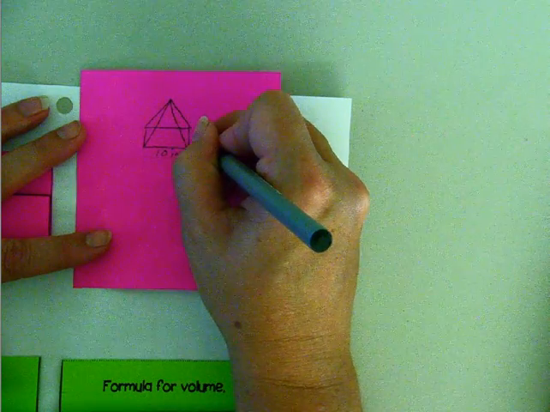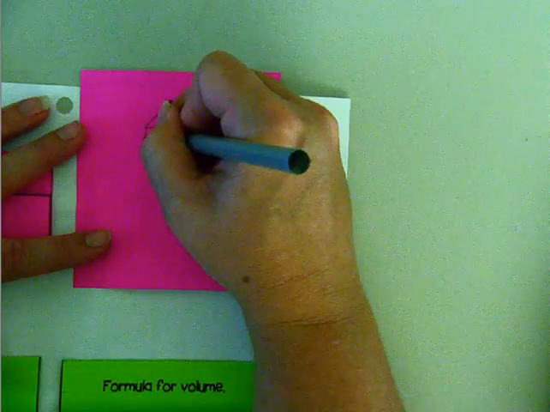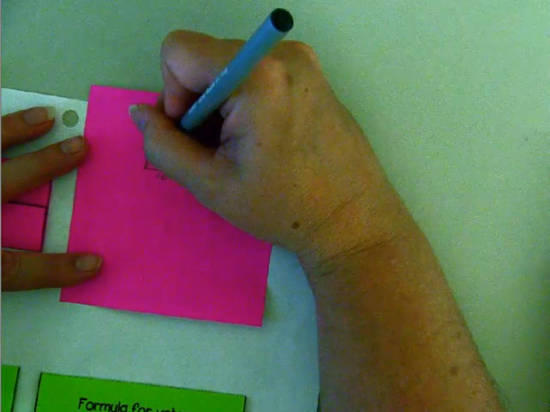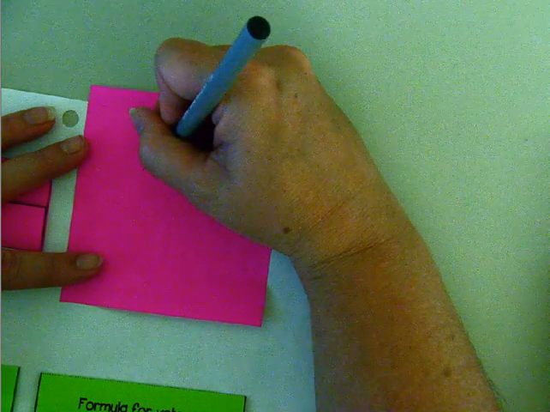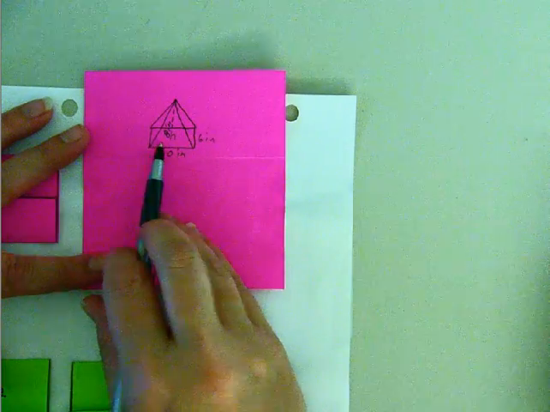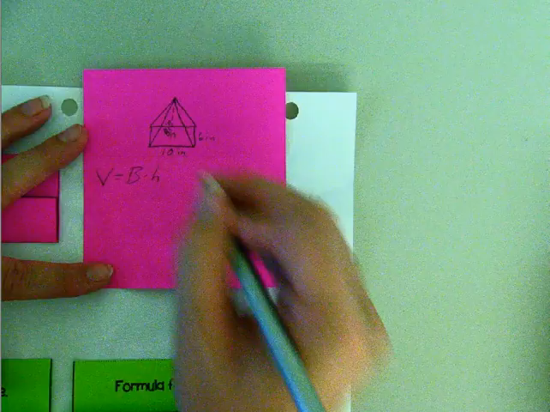Let's go 6 inches, and then our height coming down with this nice little dotted line perpendicular to the bottom. We're going to have a height of 8 inches. Okay, so that height is 8 inches.